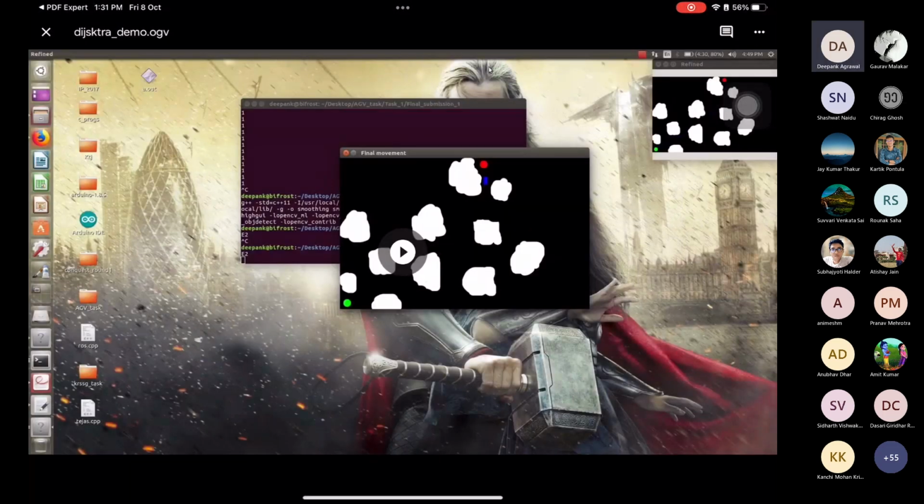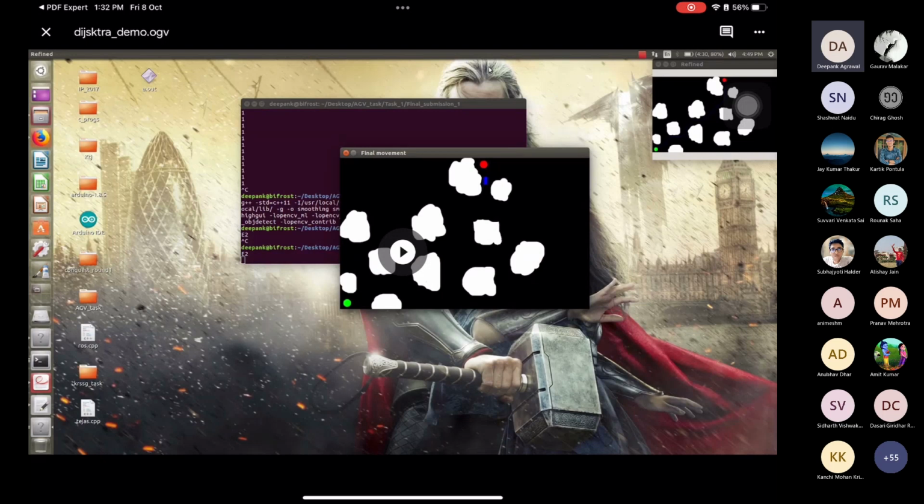Let me explain the scenario here. As you can see, there is a green circle and a red circle, and then there is a blue rectangle over there, and some white shapes. The scenario is that there is a car, represented by a blue rectangle.